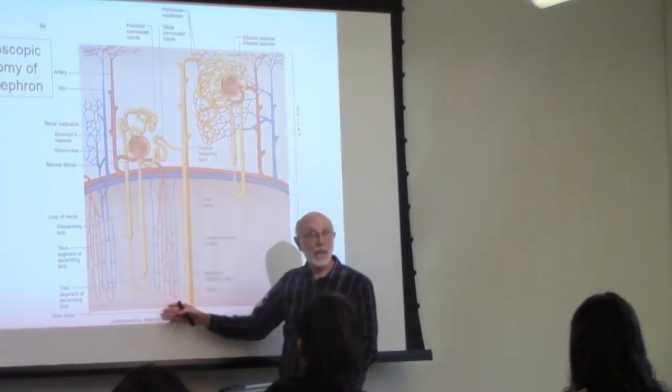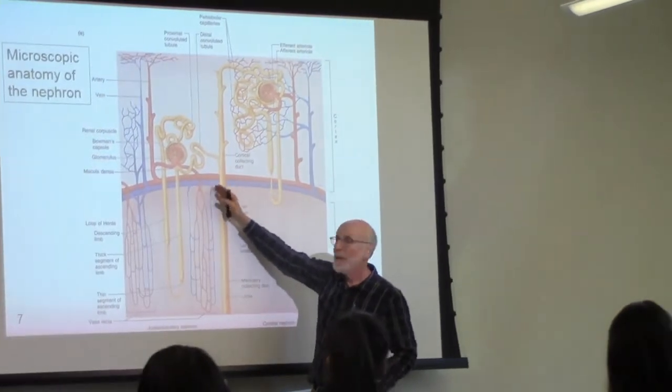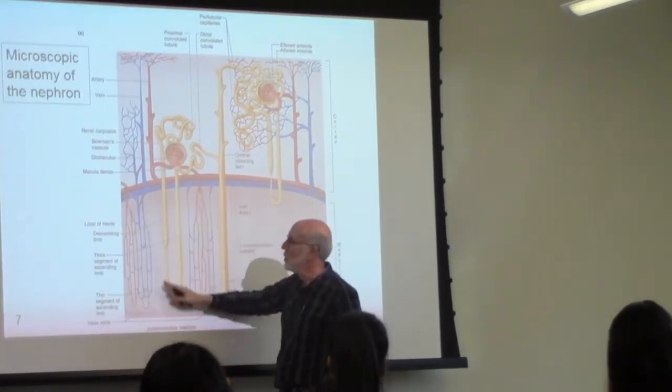The vasa recta is a loop of blood that surrounds and parallels the loops of Henle.